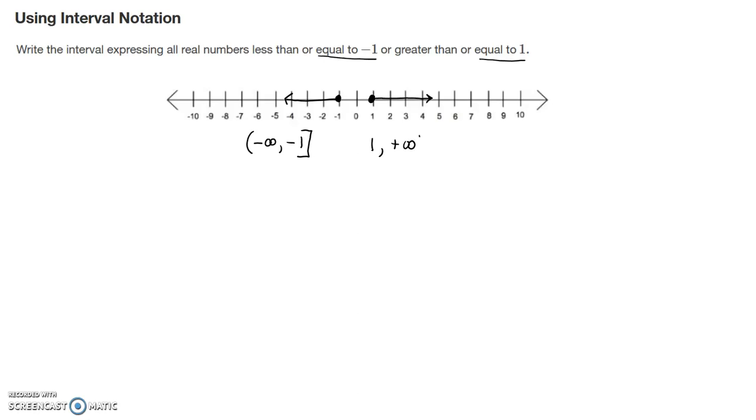Infinity always gets a parenthesis. And I have a solid dot here at the 1, so I'm going to go ahead and give that a bracket. So this would be my final answer if I was using interval notation. You could leave it like this, or you could go ahead and include the union symbol, which looks like a U, between the two intervals that you have written.